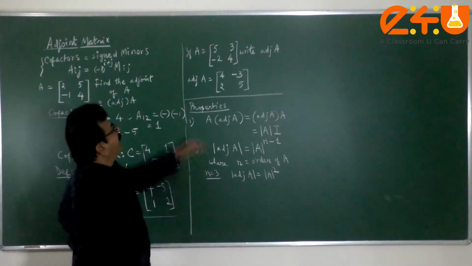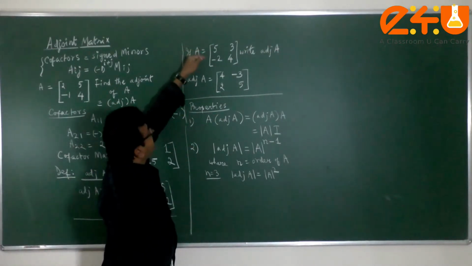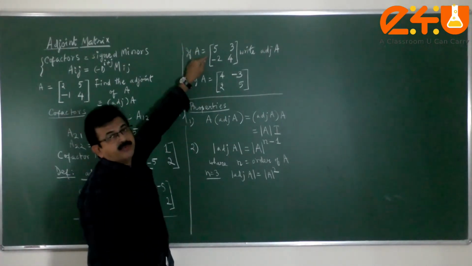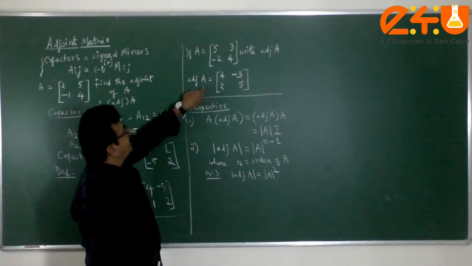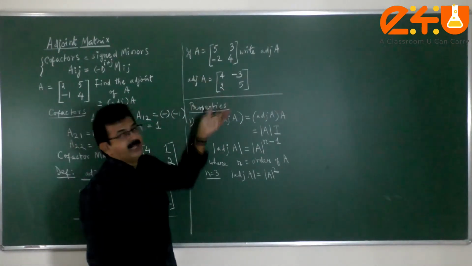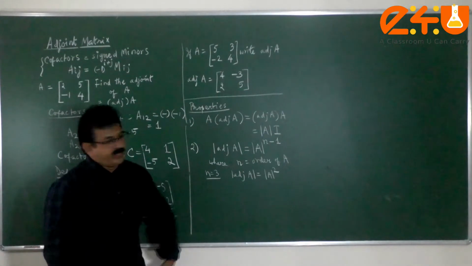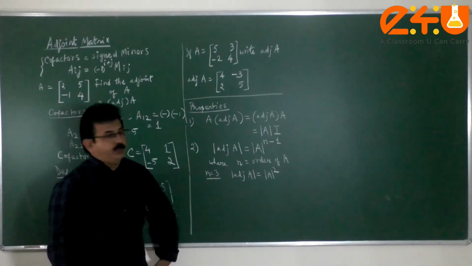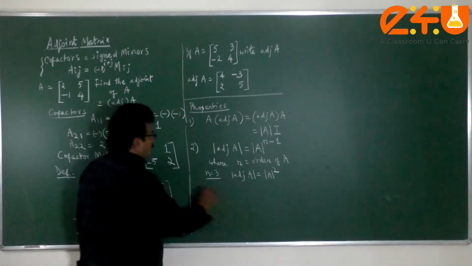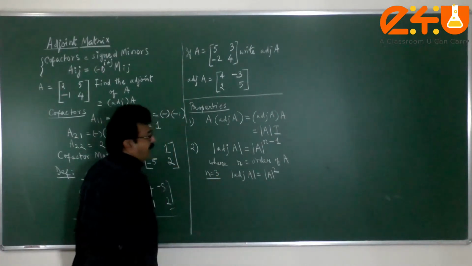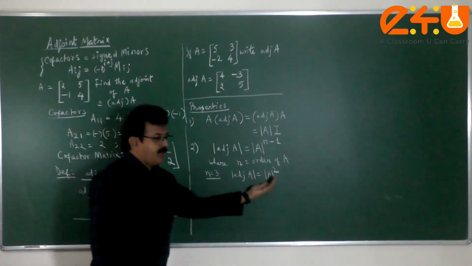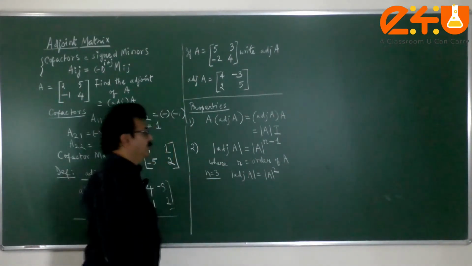That can be verified with determinant A from the previous example and determinant of adjoint A right there in front of the students. You can verify the determinant value. So in case the order is 3, it becomes determinant A power 2.